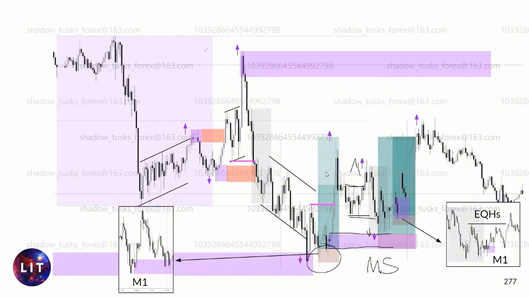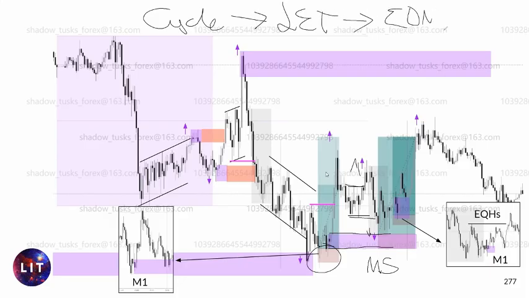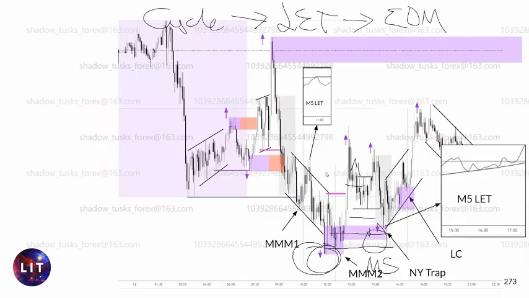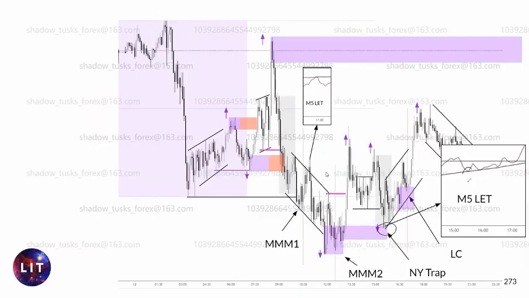So if we think about our ideal play in a sense, we want our cycle, then you want your LIT trade, then you want your EDM, right? So we've had cycle complete here. Here's our LIT. Let's just go back and show you that. So there you go. That's our LIT.